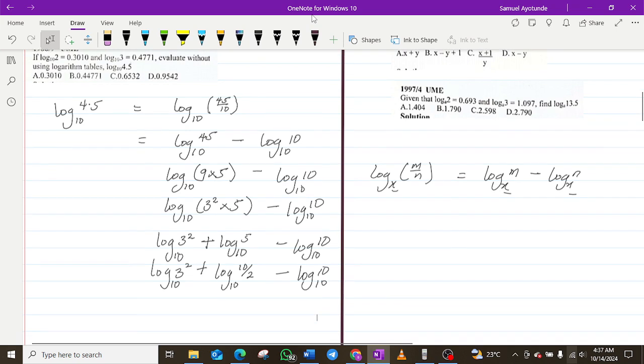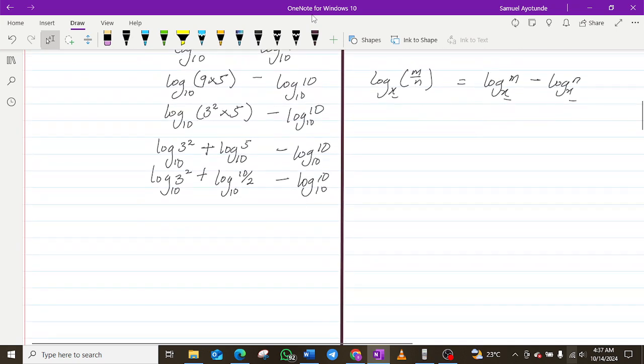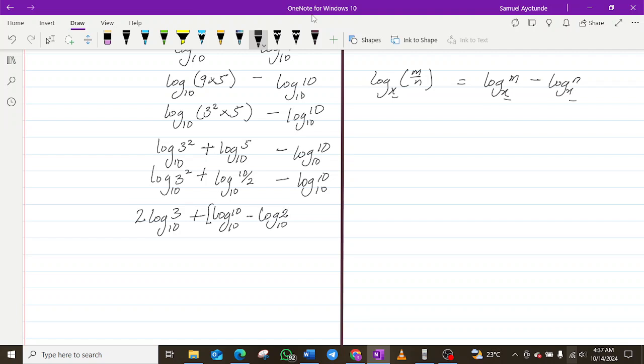So from here, I can take the power to the front as a coefficient. That will be 2 log 3 base 10. Then I can apply the second law to this, where division turns to subtraction. I have log 10 base 10 minus log 2 base 10.